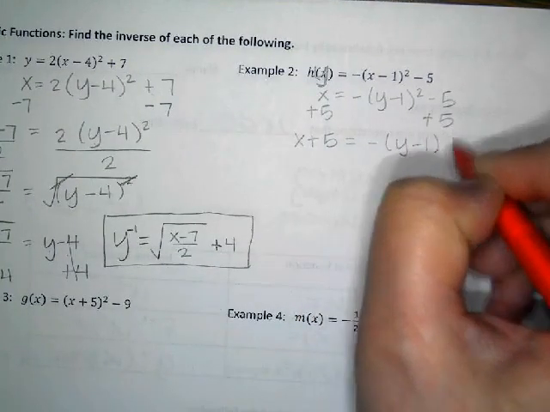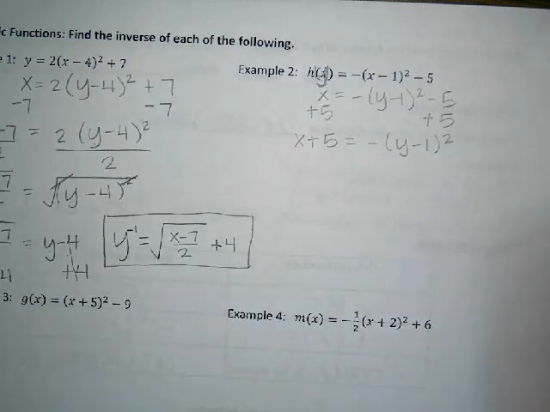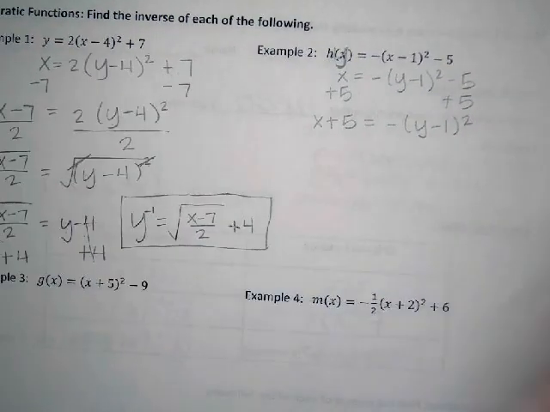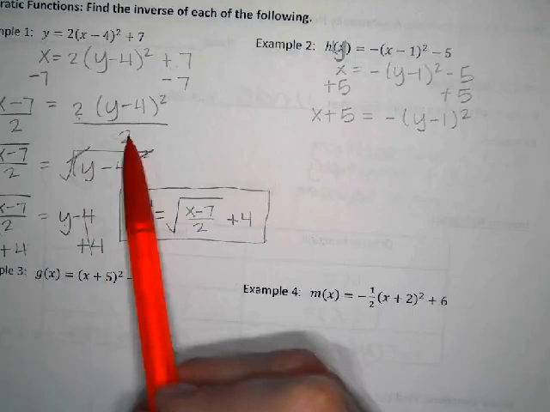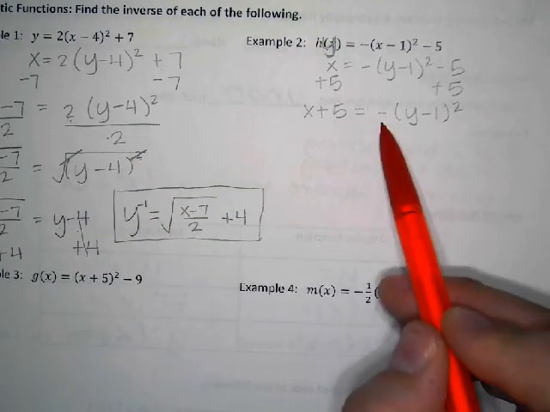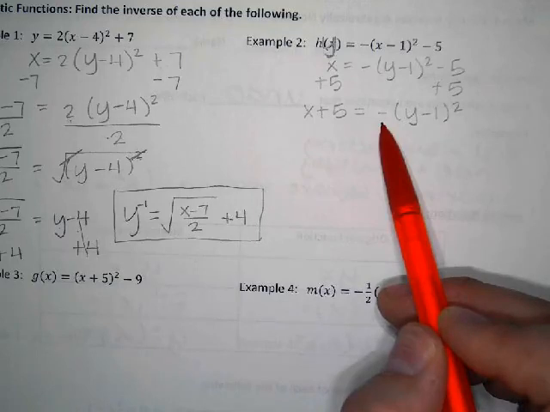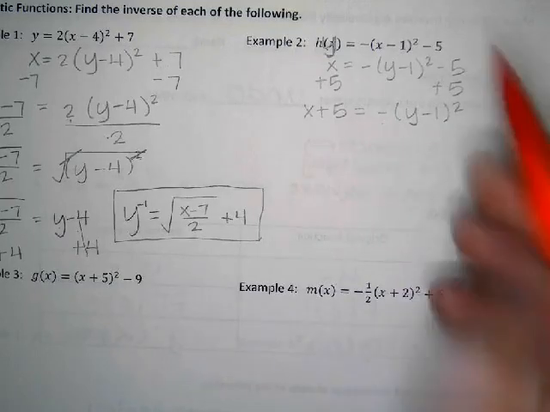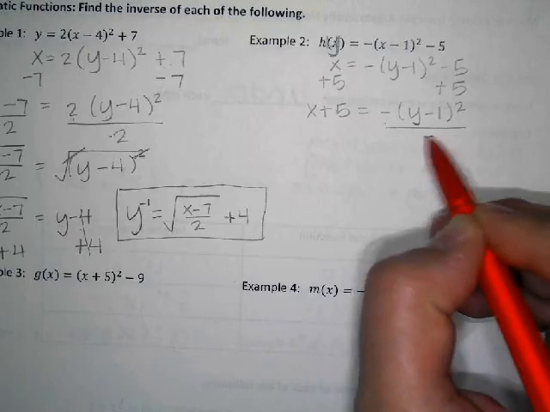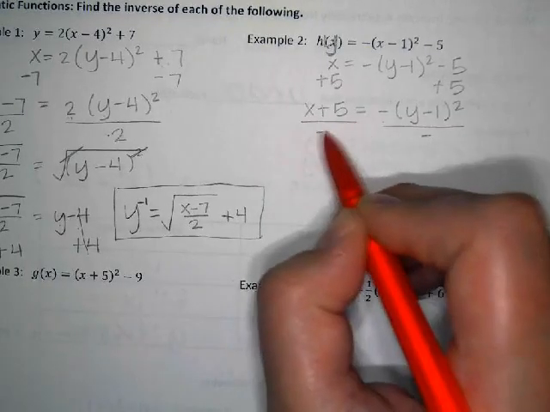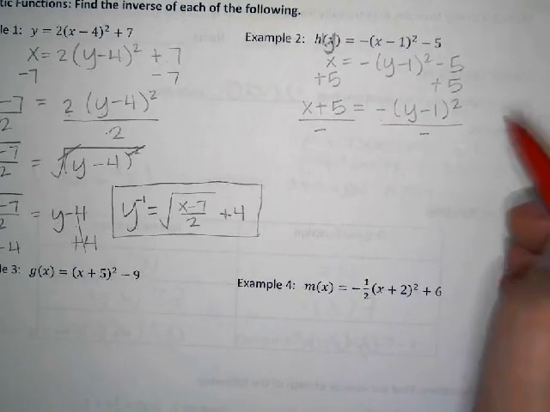Now, the last time we had a 2 in the front, we divided by the 2. This time we have a negative in the front. So what should we do? We're going to divide by a negative. That's okay. Divide by a negative, divide by a negative. You can put a negative 1 if that feels more comfortable.